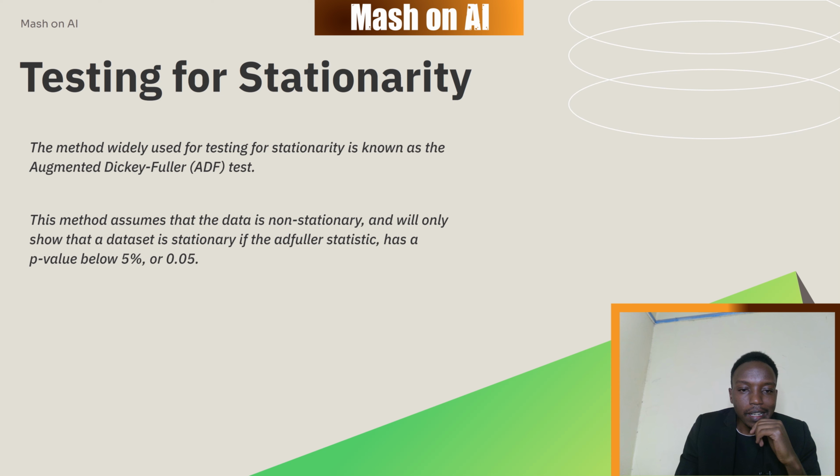In most statistical analysis, for the null hypothesis to be disproven, the p-value has to be below 5%. And so that's what the ADF test does. In code, this is very simple. I just want you to have a high level understanding of how this works.